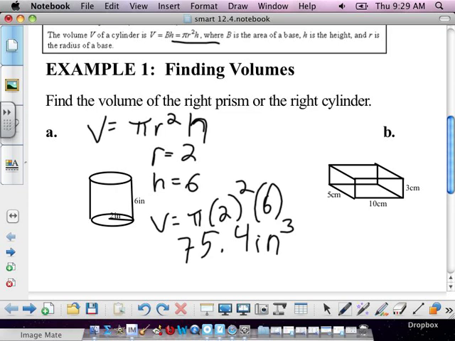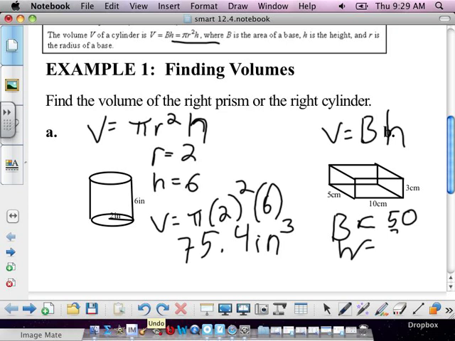So my base area is 10 times 5, which gives me 50. Remember we're using volume equals the area of the base times the height. And the height in this case equals 3. So that volume equals 50 times 3.